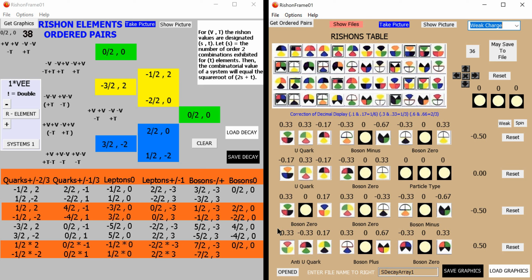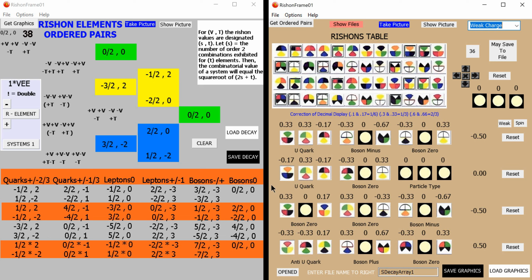And then we will see that a weak charge of -1, of course, is going to be taken away by the scalar boson minus. And scalar boson 0 will make no contribution to the weak charge. But we have a +1/2 carried away on the vector boson. And therefore, we will have a -1/2 carried away by the W boson.